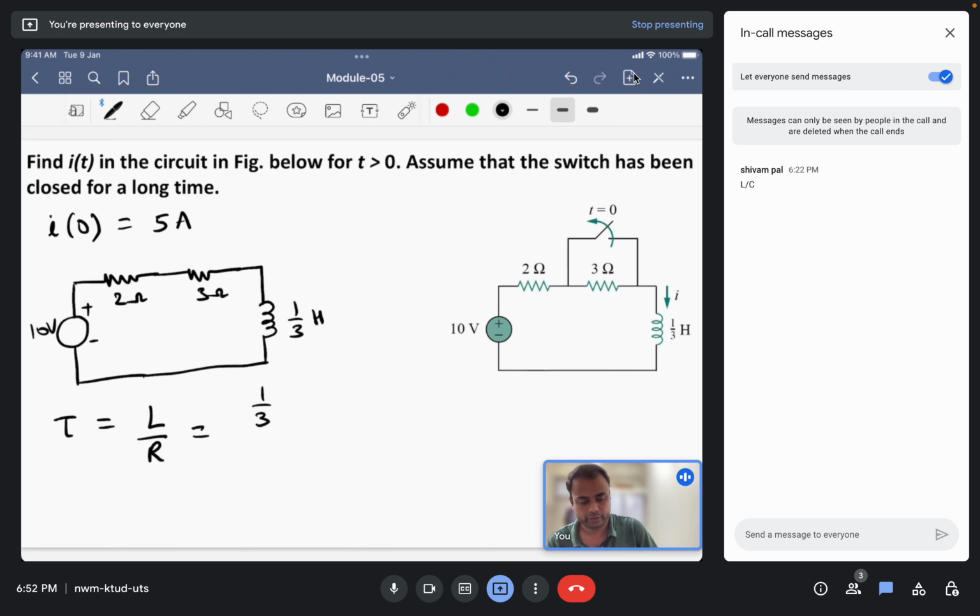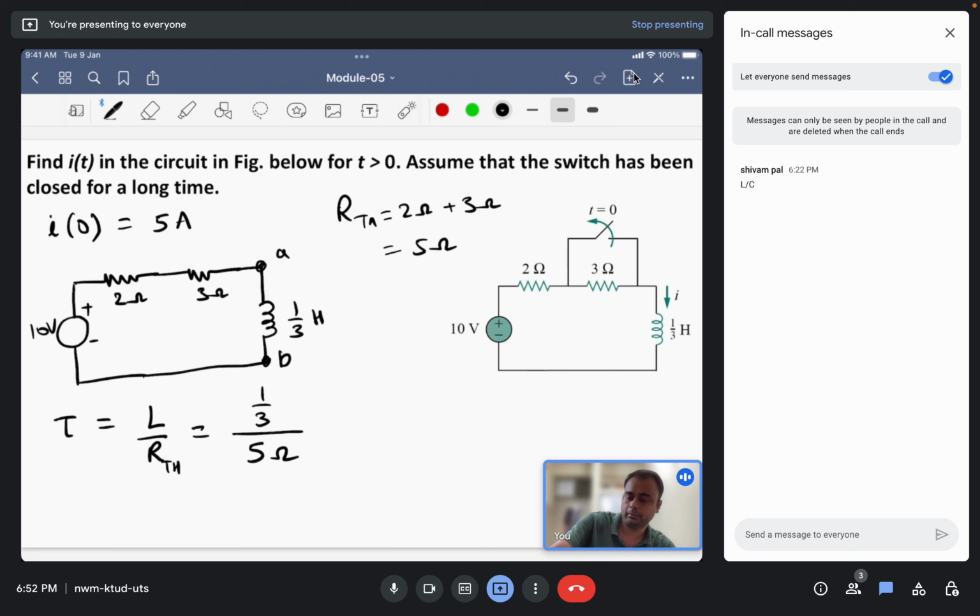L is given here as 1/3 henries, and R is the Thevenin resistance across the inductor, found by short circuiting the voltage source. Since these two resistances are in series, RTH will be 2 ohms plus 3 ohms, that is 5 ohms.